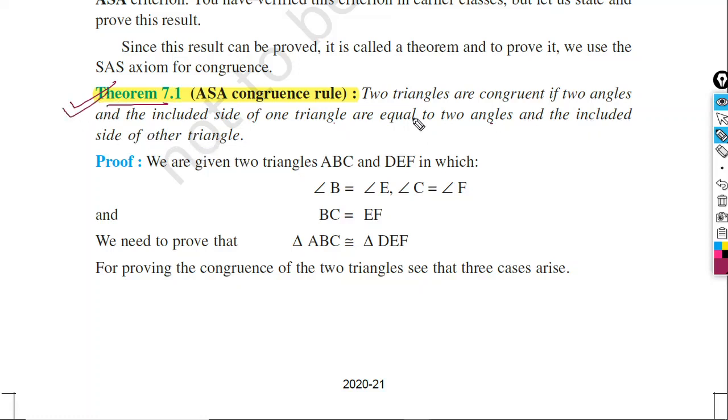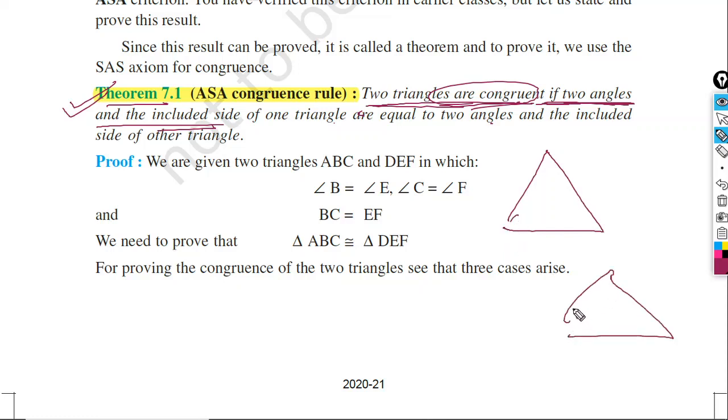Try to understand it. Two triangles are congruent. We have to prove it. If two triangles are congruent, if, what is the condition? If two angles and the included side are equal, I will draw a triangle: one angle, another angle, two angles are equal, and the included side.